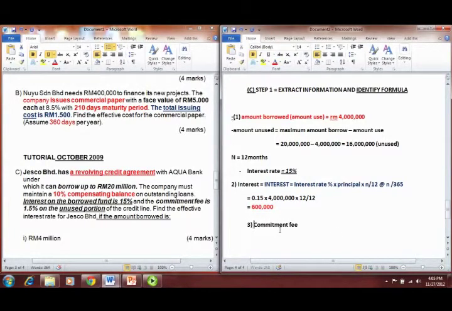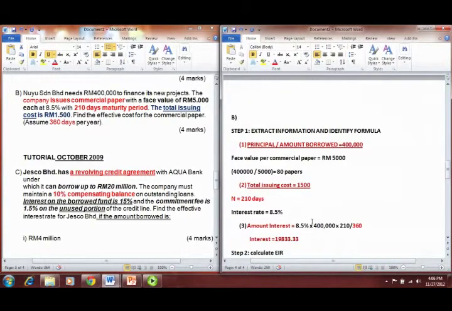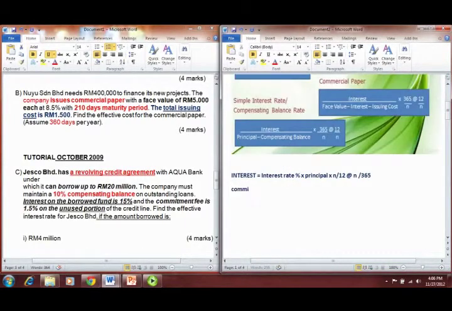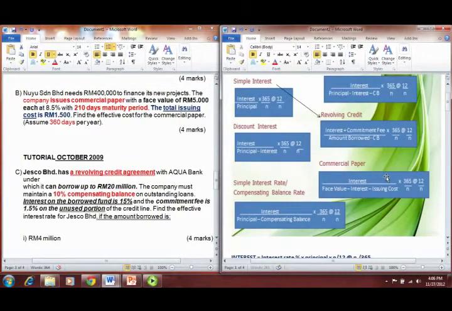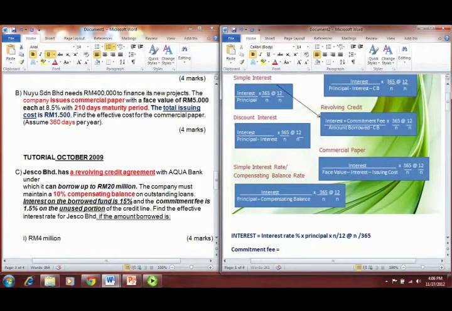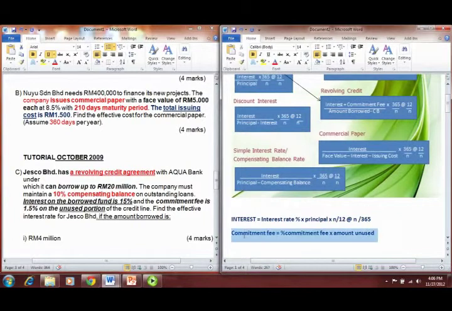Next, you need to calculate your amount of commitment fee. What is the formula for commitment fee, class? The formula for your commitment fee is equals to your percentage of commitment fee, 1.5%, times your amount unused.